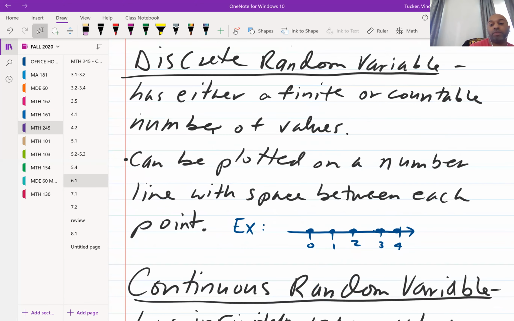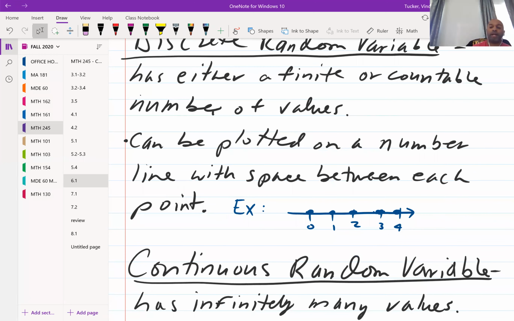When you look at continuous random variables, though, it has infinitely many values, and most of the time that comes in when you talk about measurements. So let's say we're measuring weight, and your scale is more accurate than mine. That doesn't mean my answer is wrong. If mine goes to 5.1 and yours goes to 5.12, both of those answers are correct. It's just that yours is more accurate.